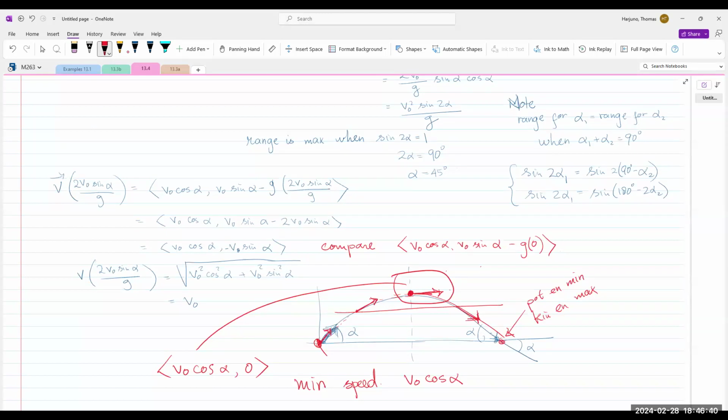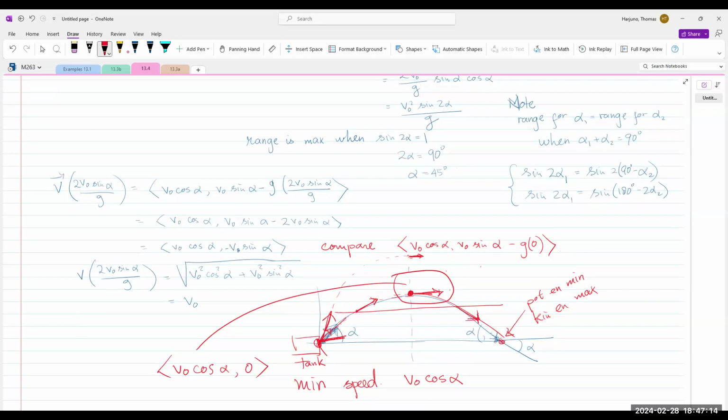I hope that explains why when you have a tank, the muzzle angle is at most 45 degrees. Why? Because if the angle is more than 45 degrees, like 50 degrees, it may reach a higher point, but the horizontal speed at that time is too small because the initial alpha is way too high.